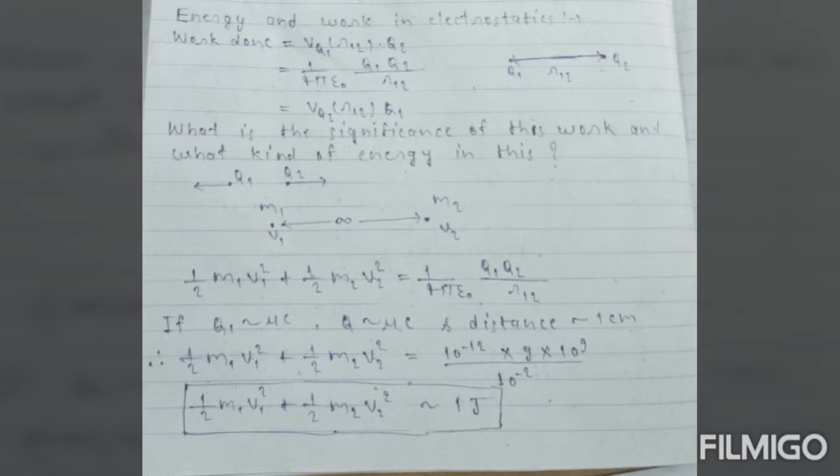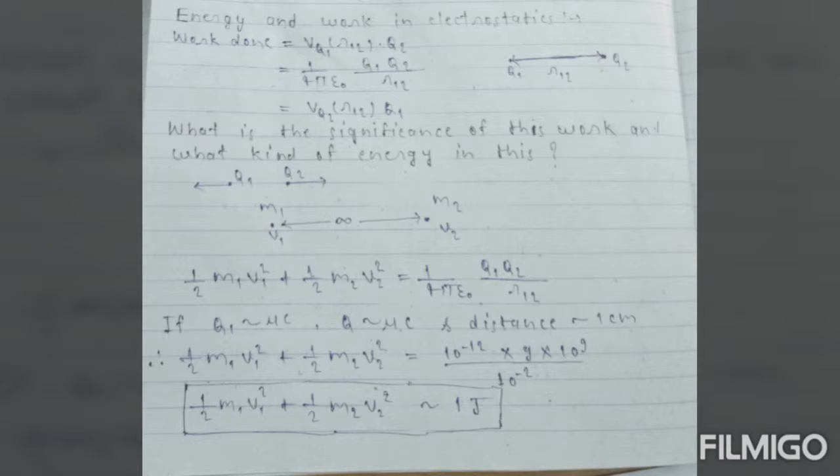Let us start with the simplest example. If I have a point charge Q1, and I bring another point charge Q2 to a distance R12 from it, then by the definition of the potential, the work done in doing so will be equal to the potential at R12 due to charge Q1 times Q2, and this is equal to 1 over 4 pi epsilon 0 Q1 Q2 over R12.